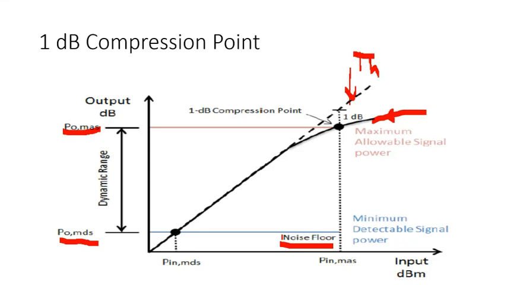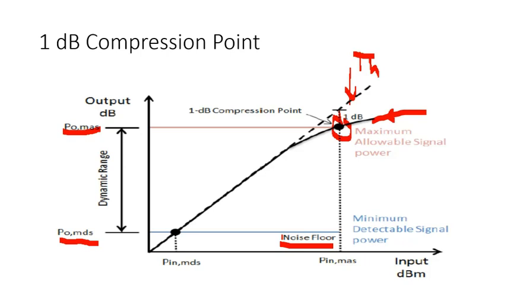Now from the theoretical slope, which is increasing linearly, if the gain is reduced by 1 dB, then we will achieve the point called the 1 dB compression point. After which the slope gets flattened. Means if you increase the input signal, you will not achieve the same response from the output side.